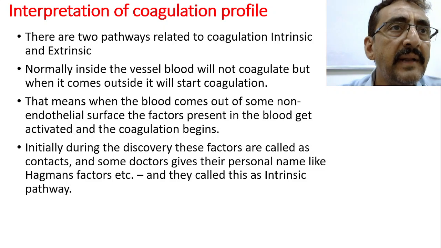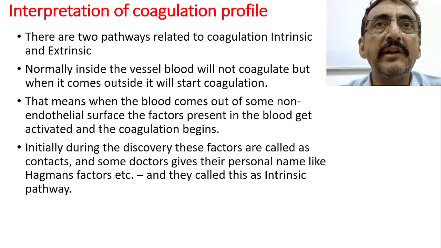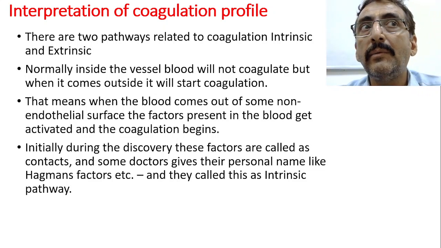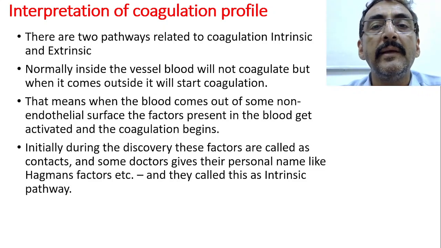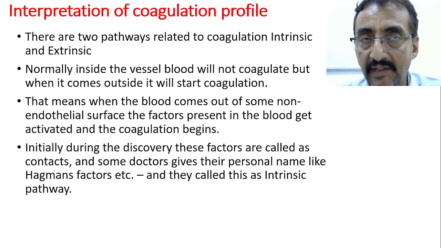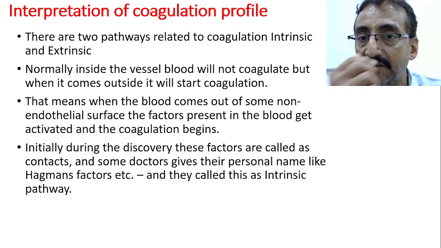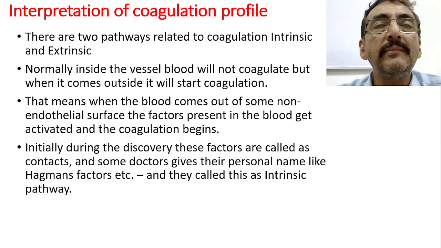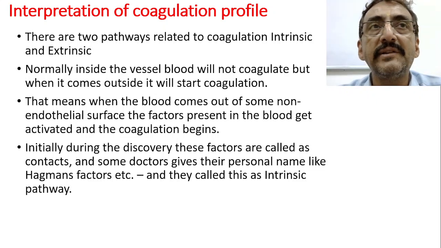But as soon as we bring this blood outside into a test tube or a syringe, the clotting starts. So to prevent this coagulation, when you take the blood outside, you have to add some anticoagulants, if you are sending the blood for investigations. So inside the vessel, blood is not clotting, but as soon as the blood comes outside, it starts clotting.